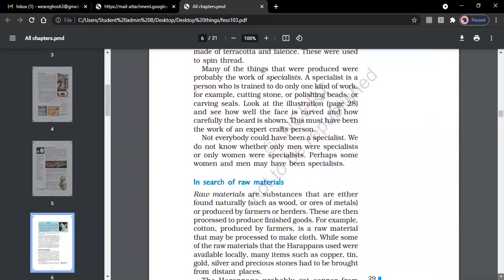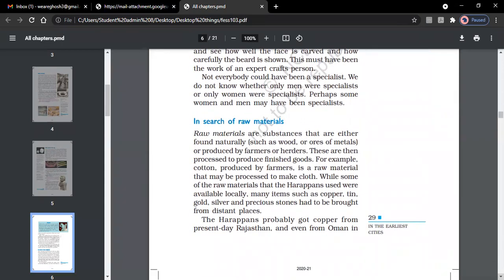Then again, an important thing is raw materials. What are the uses of raw materials? The next question is which crops were grown by the Harappans, and also name the animals they reared. So what are raw materials? Raw materials are substances that are either found naturally, such as wood, or produced by farmers or herders.